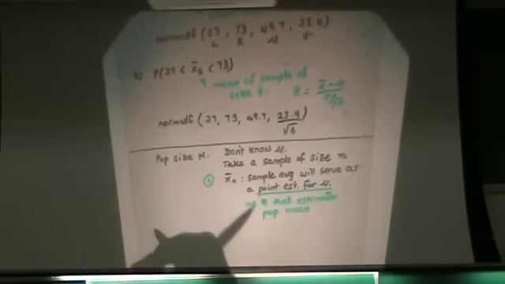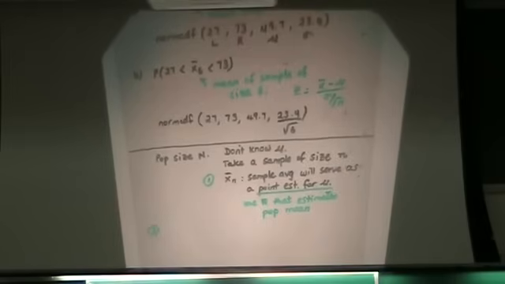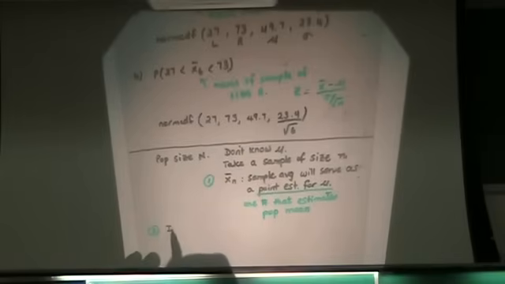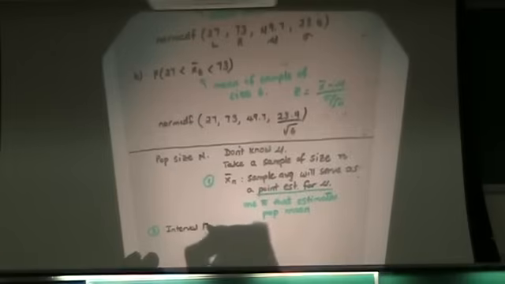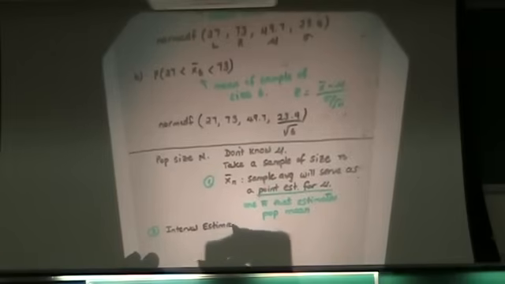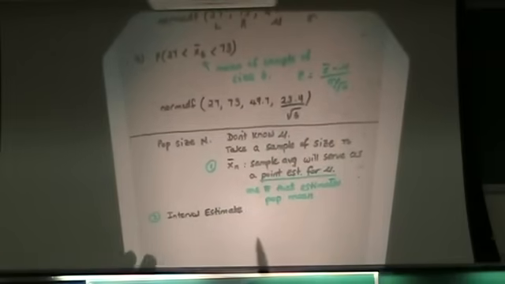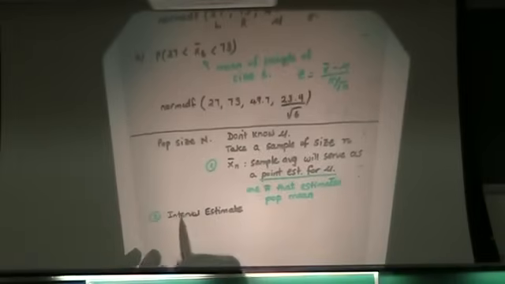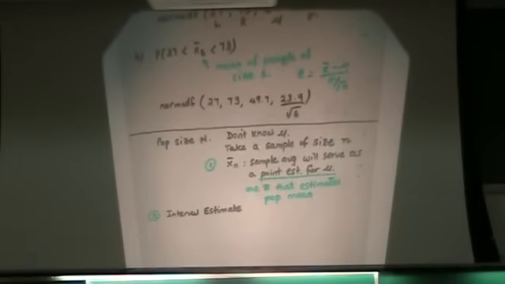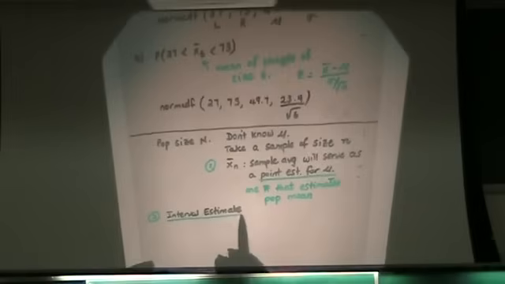The second way to estimate mu is by an interval estimate. Not a point estimate, but an interval estimate. That's the second method of estimating mu.